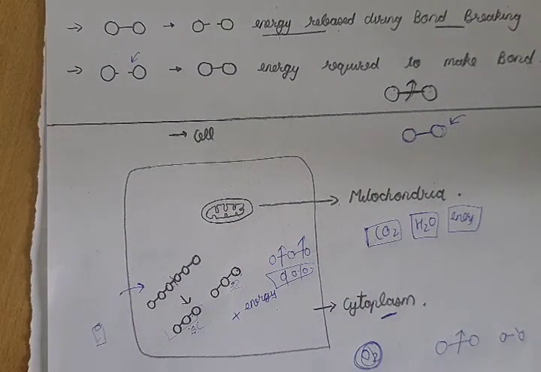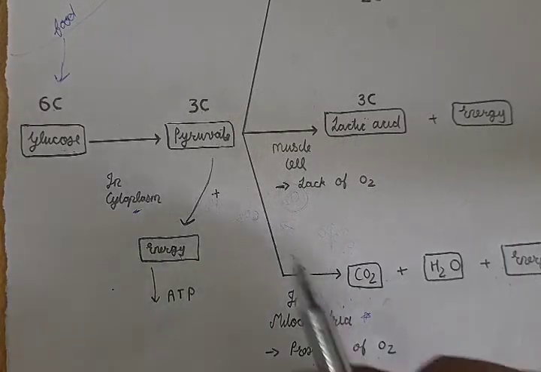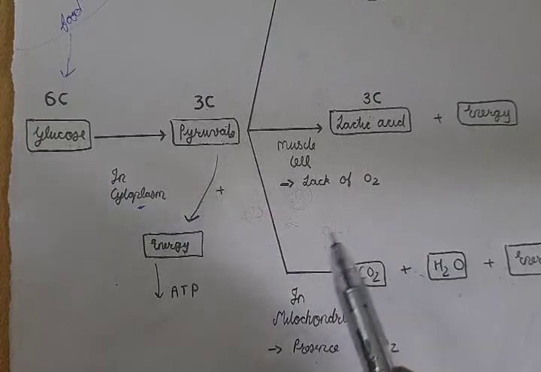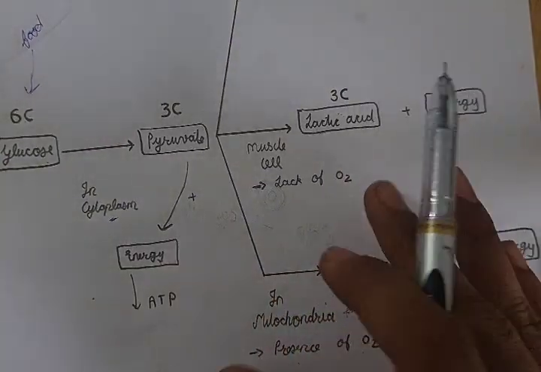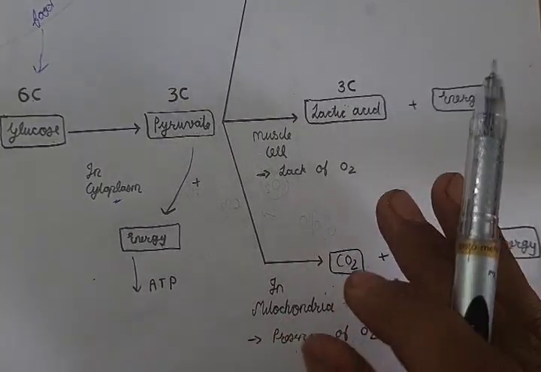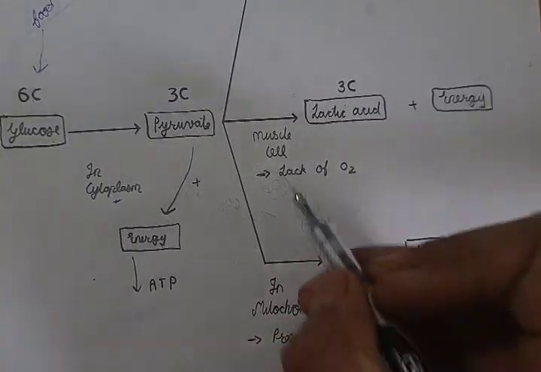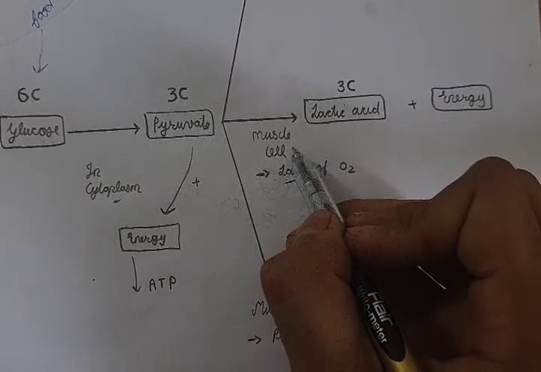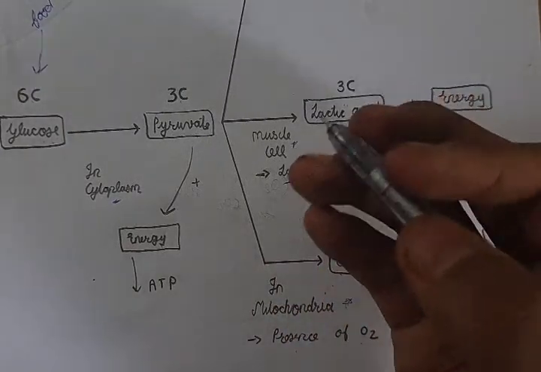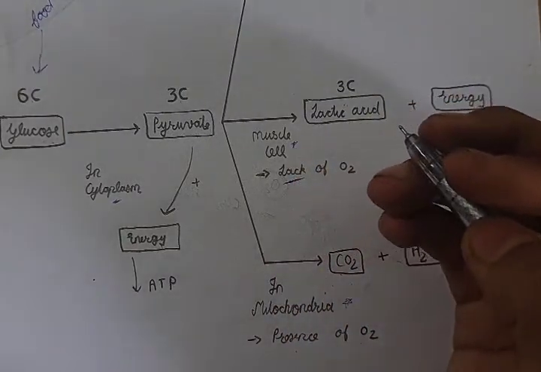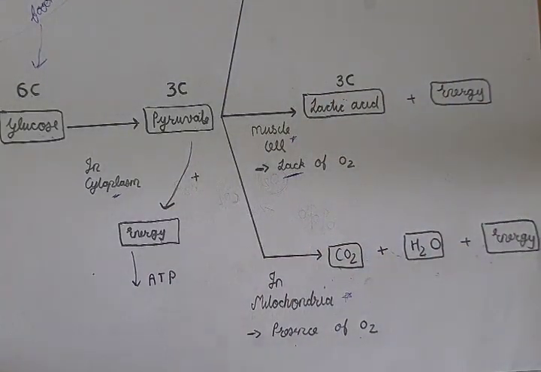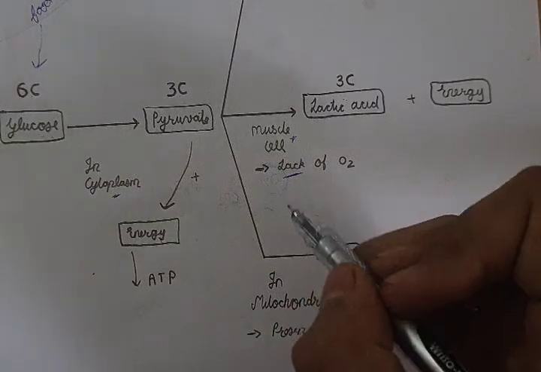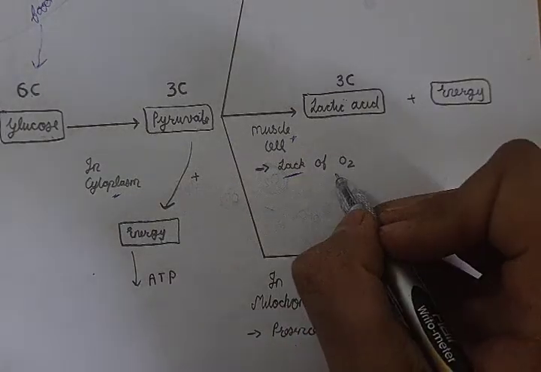Now there will be conditions where, okay, so first we learned this condition. Now imagine that you are doing exercise or you are playing a lot. In this procedure there is lack of oxygen, in the muscle cells. We know that when we play, the muscles contract and relax, means with the help of muscles we do that job. So when we are playing very much, we don't get enough oxygen.